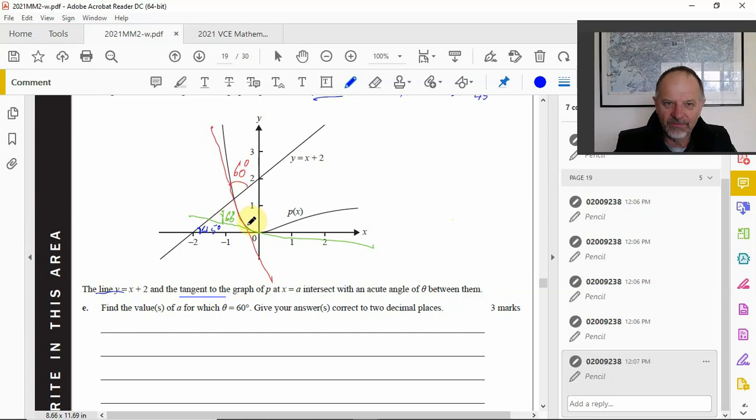Right, so we're looking for the 2 points, one there and one there. So we're looking for those particular things. All right, so looks like there are two possibilities then.